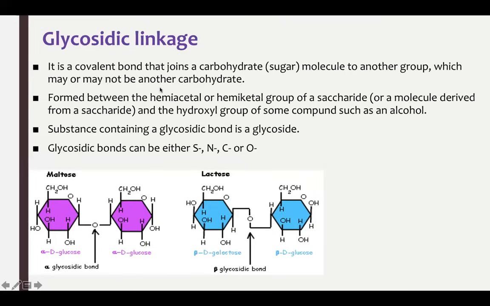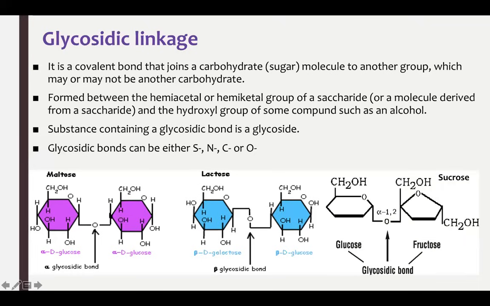They are formed between the hemiacetal or hemiketal group of saccharides and the hydroxyl group of some compounds such as alcohol. You can see this is the hemiacetal group of maltose, and it joins with the hydroxyl group of number 4 carbon of alpha D glucose. So it forms an alpha D glycosidic bond, and in lactose it forms a beta D glycosidic bond.